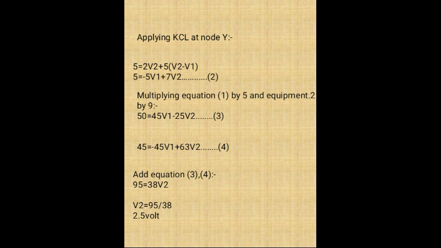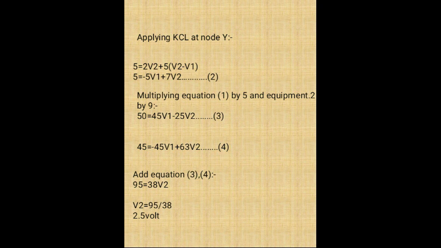From equation 1, 50 = 45V1 - 25V2, so the new equation is 3. Now, from equation 2, multiplying by 9, the new equation is 45 = -45V1 + 63V2, equation number 4.